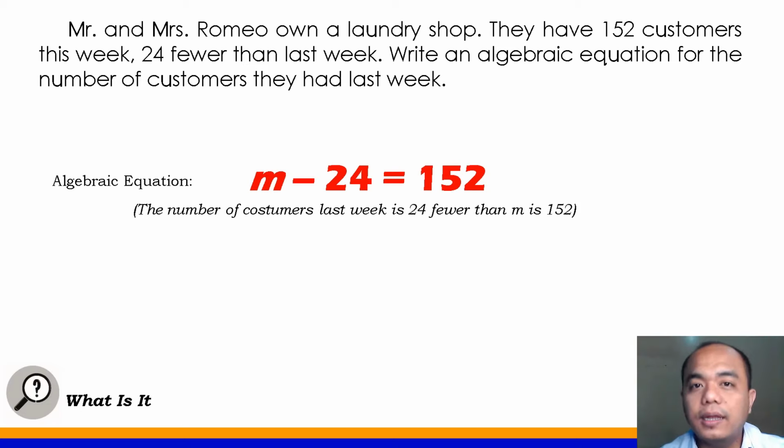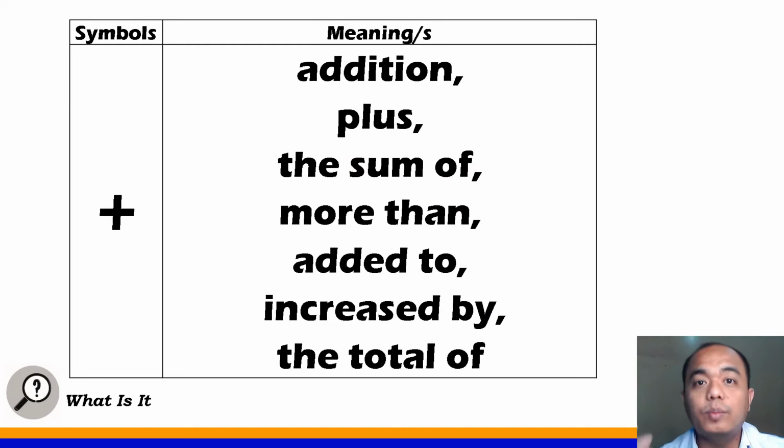Paano ba natin mas madaling i-translate ang algebraic equation or algebraic expression into symbols? Madali lang yan, class. You have to be familiarized with the symbol and its corresponding meaning. Kung nakikita natin yung simbolo na to, familiar tayo na this is addition, right? Plus. Yung nasa isip natin, plus agad. Addition agad.